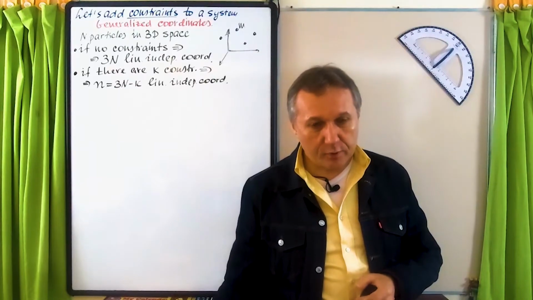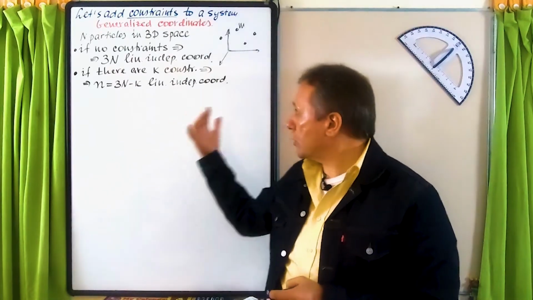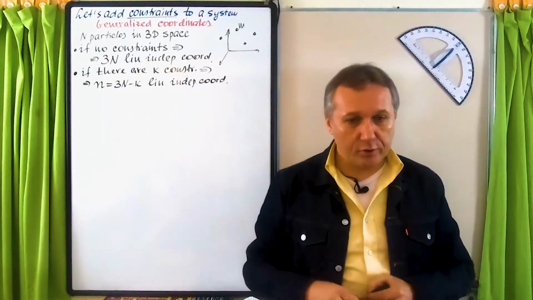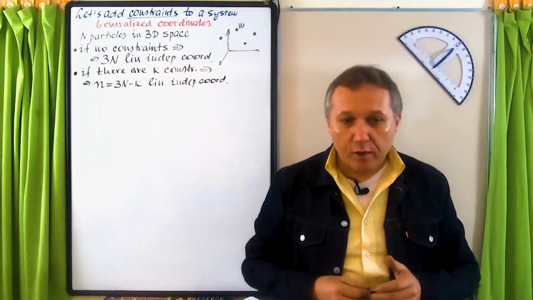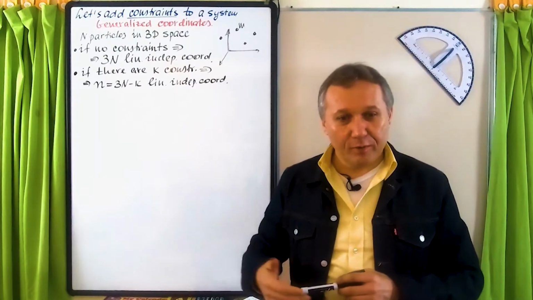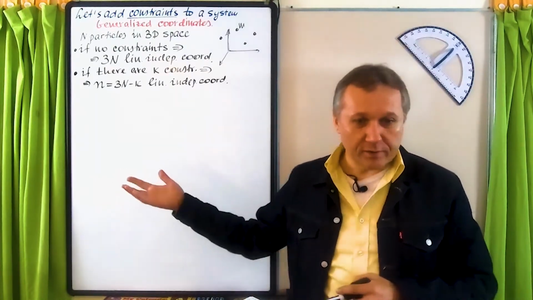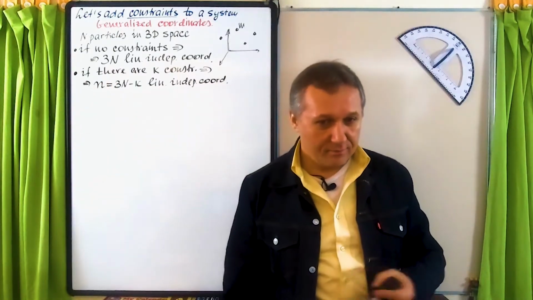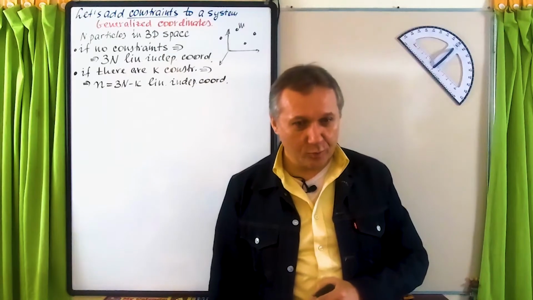So it means that in order to apply the Lagrangian formalism and write down the Lagrange equations, we need to reduce the number of coordinates that we need to describe the system, because now we have only n small linearly independent coordinates.